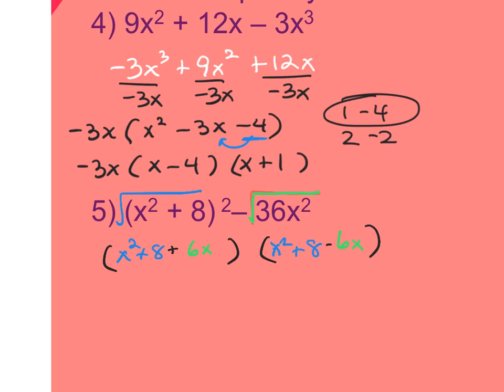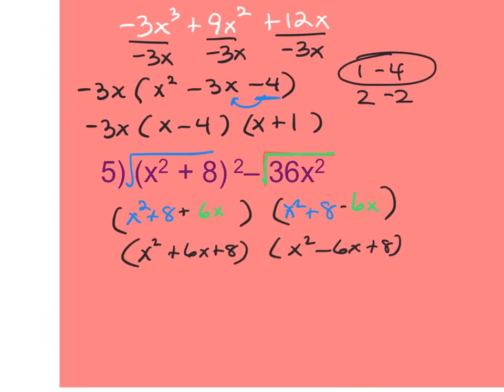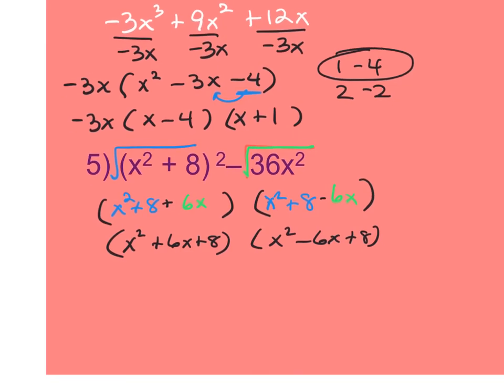Now what I need to do is put them into standard form so I can see if they can be factored further. So I'm going to go ahead and rewrite this as x squared plus 6x plus 8. And this one, x squared minus 6x plus 8. And now I can actually factor both of these trinomials.